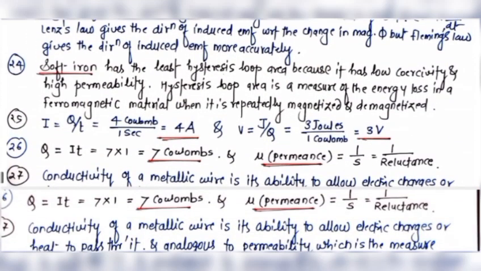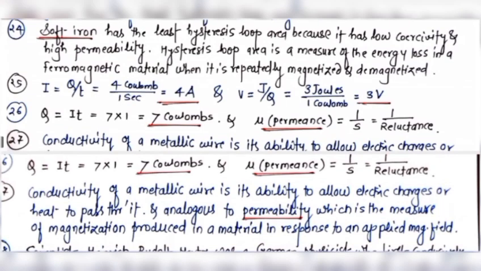Soft iron has the least hysteresis loop area because it has low coercivity and high permeability. Hysteresis loop area is a measure of energy loss in a ferromagnetic material when it is repeatedly magnetized and demagnetized.